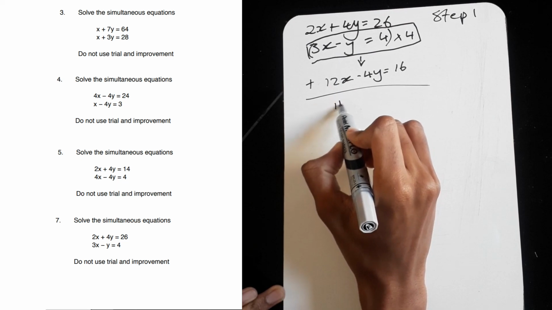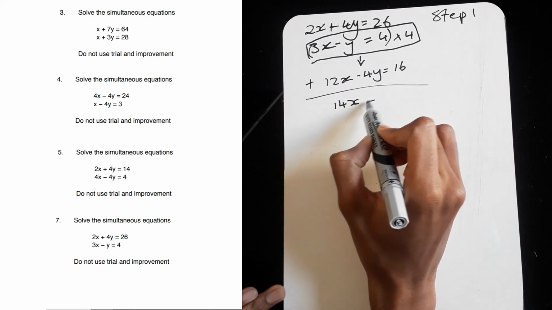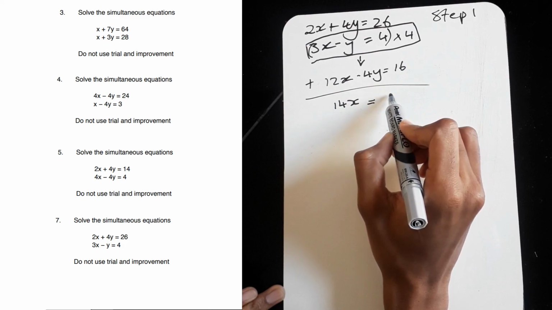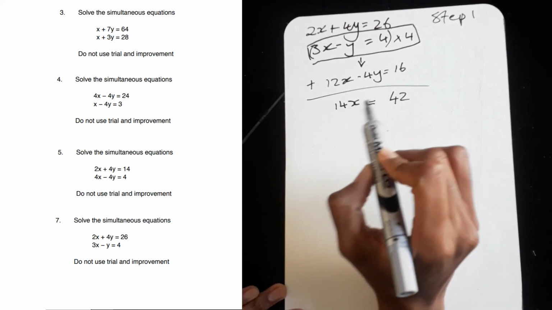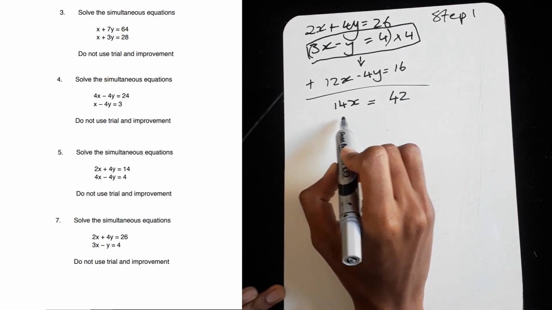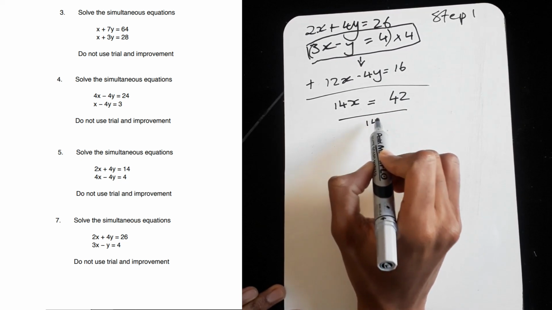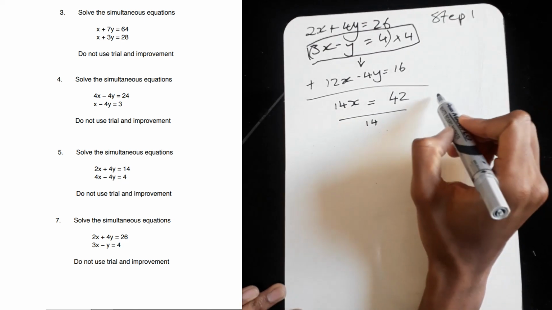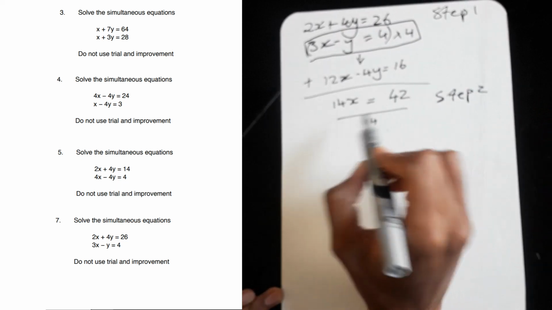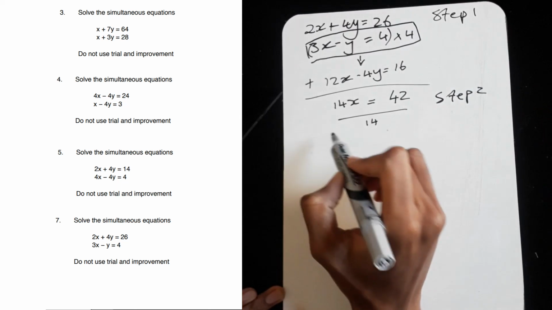So that's going to be 14x equals 42. So we divide this by 14 for step 2 to get our x.